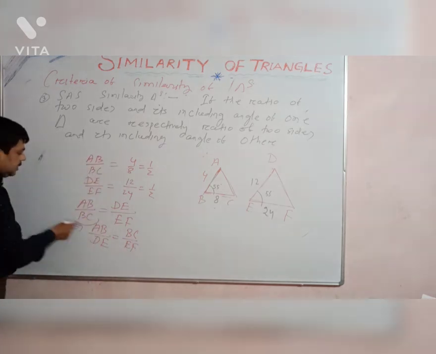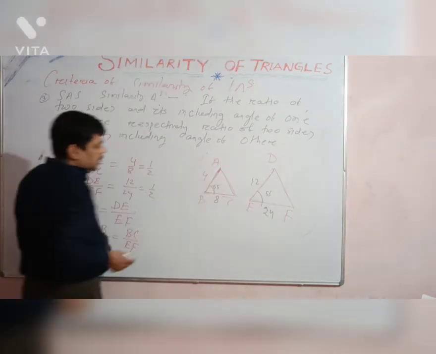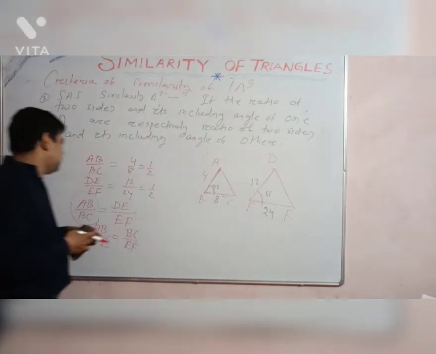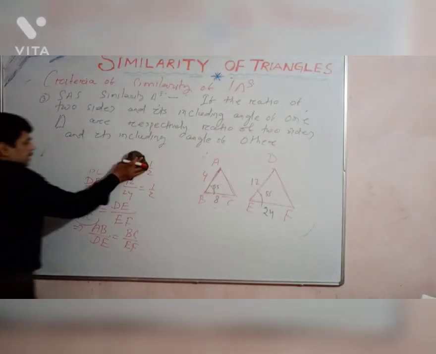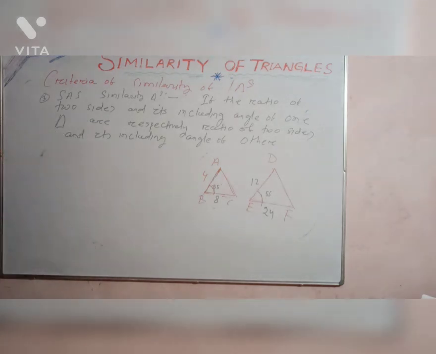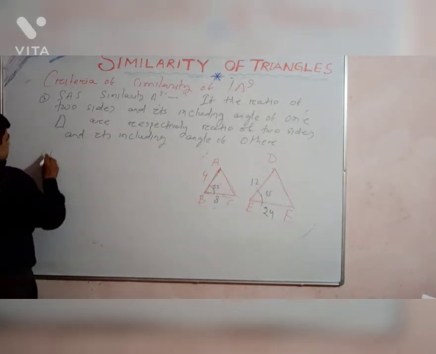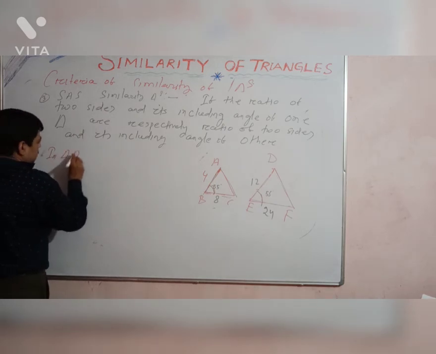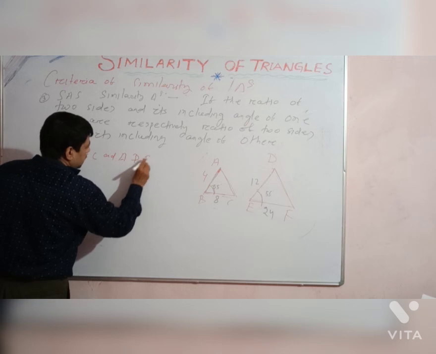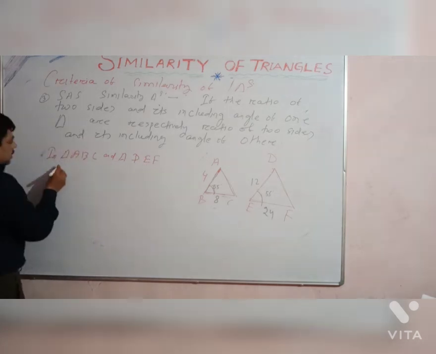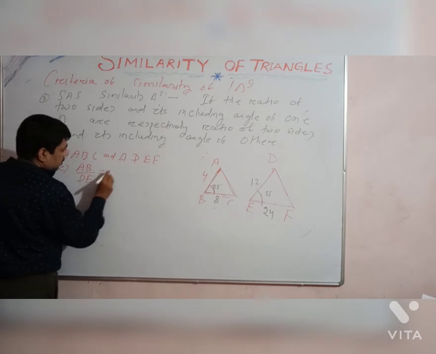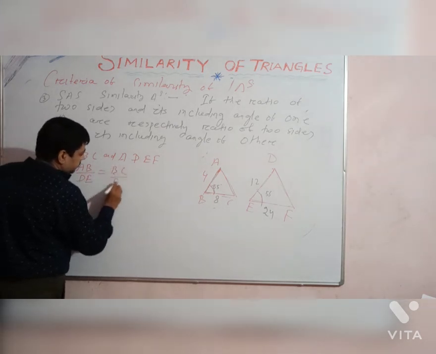Okay, AB by BC and the including angle B is equal to DE by EF and the including angle E of triangle DEF. So the triangles are said to be similar. This is called side angle side similarity. So you can write in a simplified manner in triangle ABC and triangle DEF, number 1, AB upon DE is equal to BC upon EF.